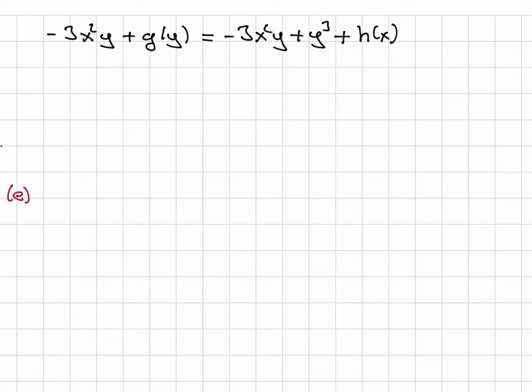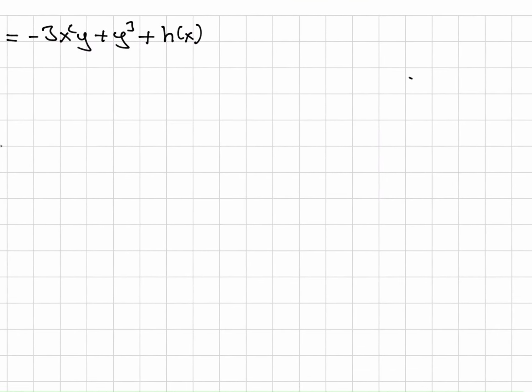We have minus 3x squared y plus g of y is equal to minus 3x squared y plus y cubed plus possibly h of x. So this tells us that h of x must be 0.